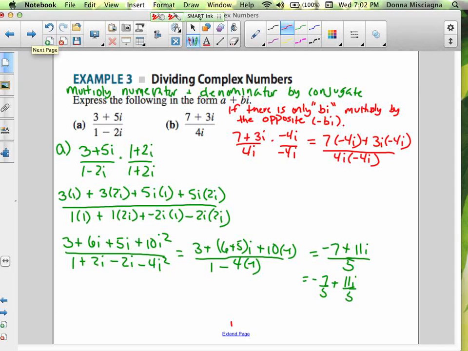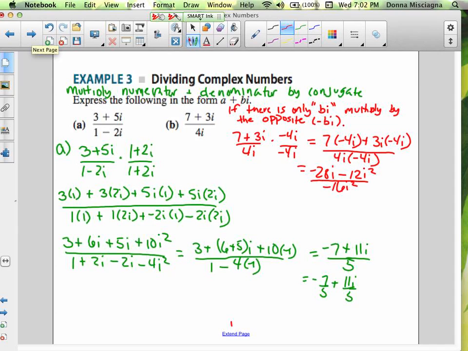All right, let's simplify that. So that's going to be negative 28i plus 12 i squared, right, 3 times negative 4, and then i squared, divided by negative 16, 4 times negative 4, i times i squared.